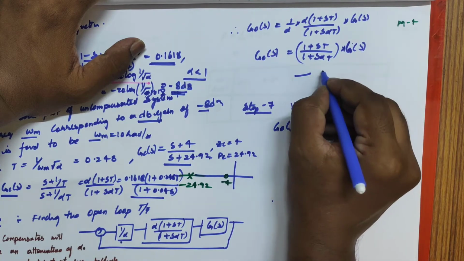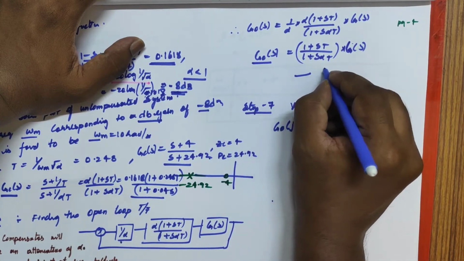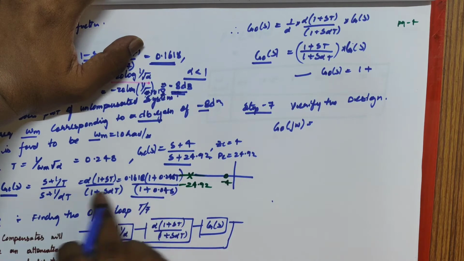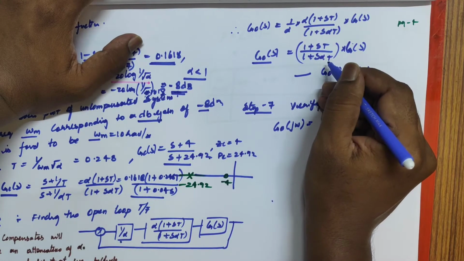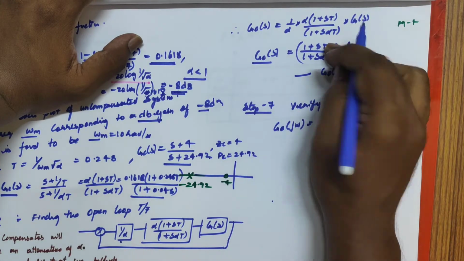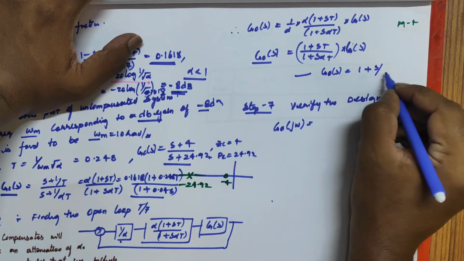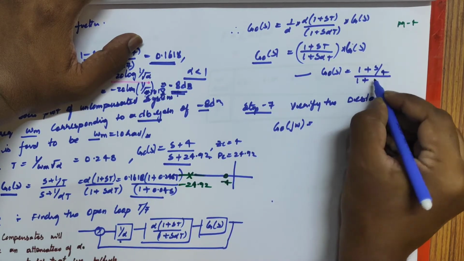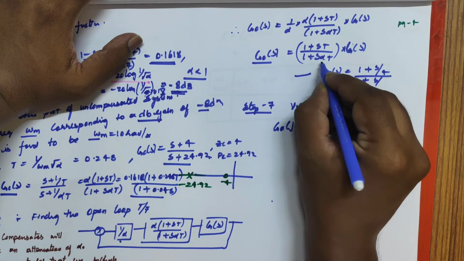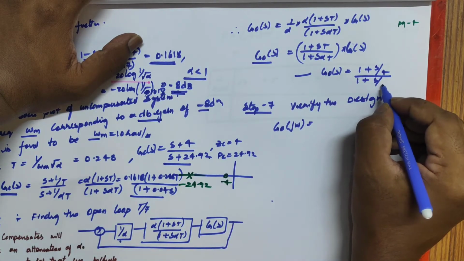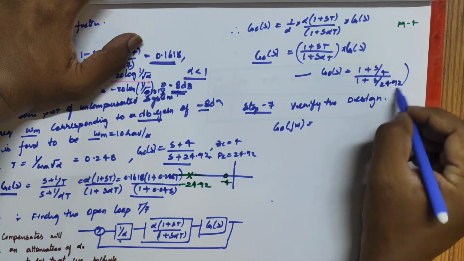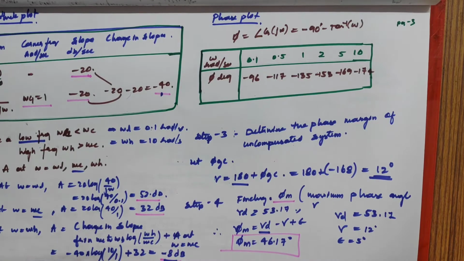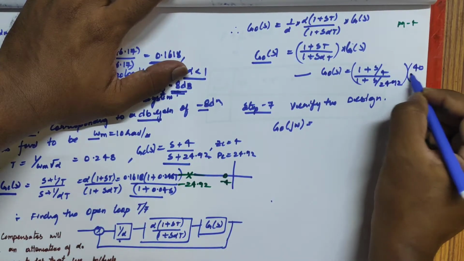Now our job is to find the Bode plot for this, that is G naught of s equal to 1 plus s by 1 by T. This is the 1 plus sT form, so the 1 by T value is 4 by 1 plus s by 1 by alpha T, which in frequency form I get as 24.92, into Gc of s, which is 40 by s into (s plus 1).